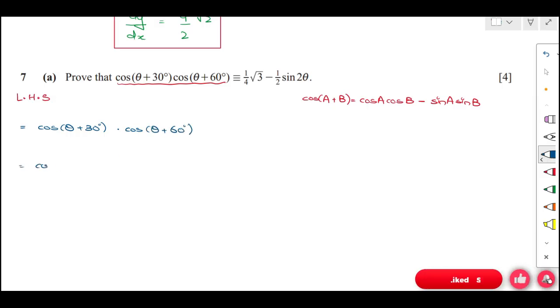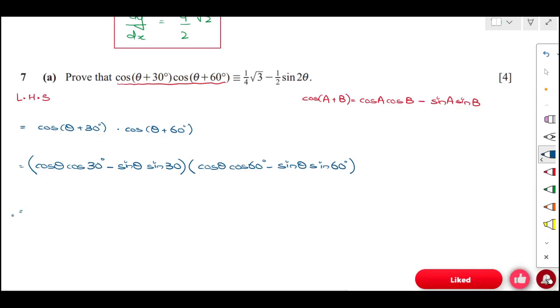Let me open this. This is cos theta cos 30 minus sine theta sine 30, bracket, in the product we have cos theta cos 60 minus sine theta sine 60.